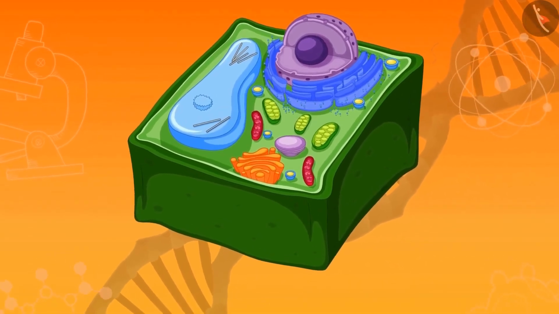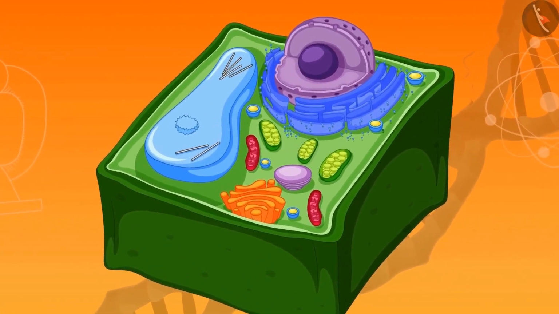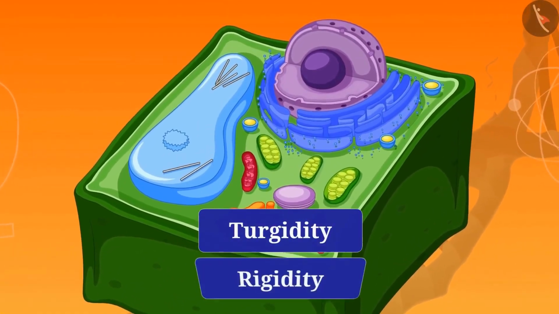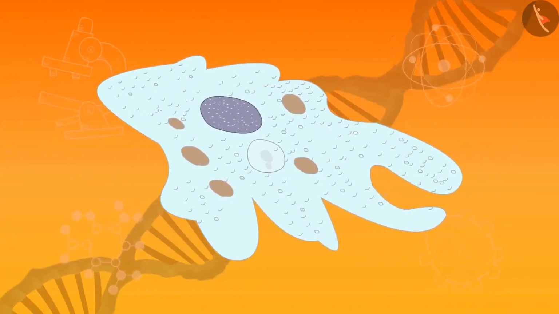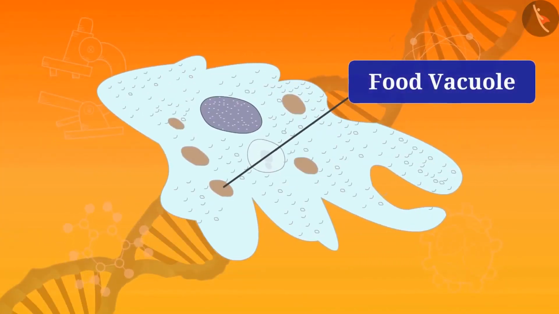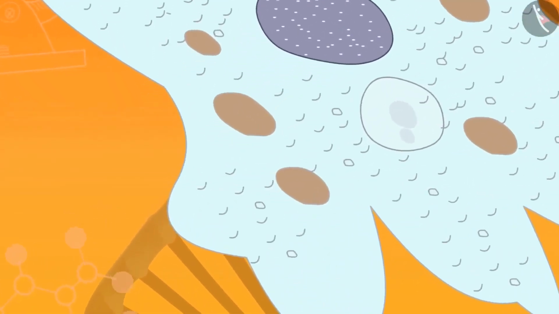In plant cells, vacuoles are full of cell sap and provide turgidity and rigidity to the cell. In single-celled organisms like amoeba, the food vacuole contains the food items that the amoeba has consumed.